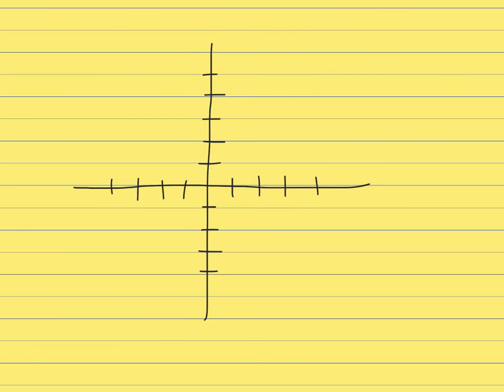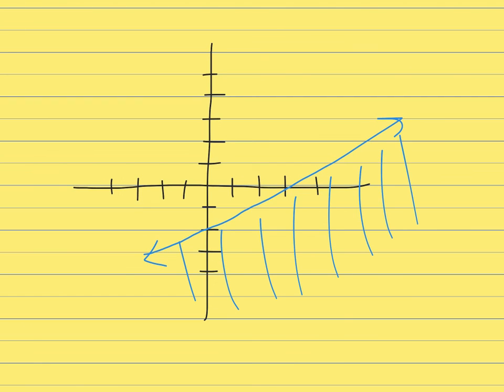I just also wanted to show you an example where you might have to make your own inequality. There are some like that in the assignment. If this is my linear inequality, what I want to do first is find my slope and my y-intercept. My slope is going to be up 2, right 3, so 2/3.